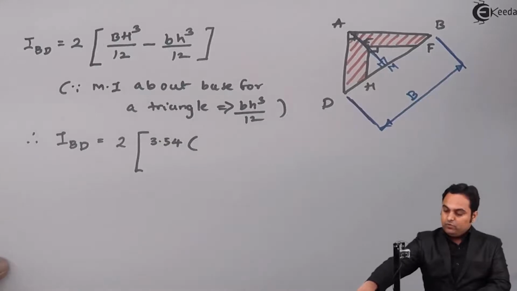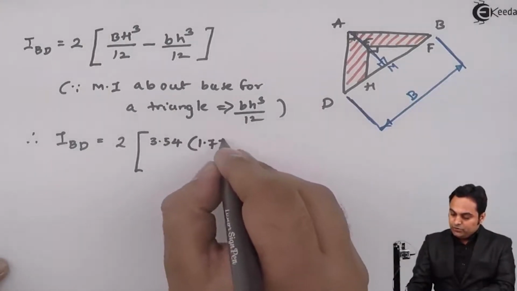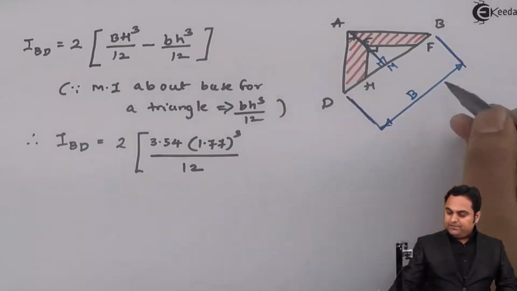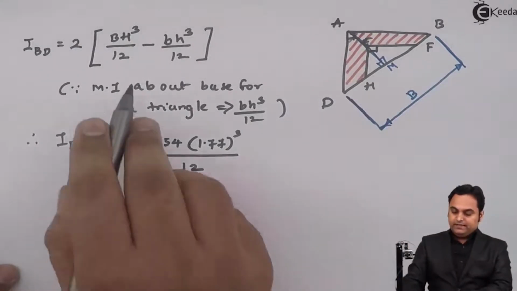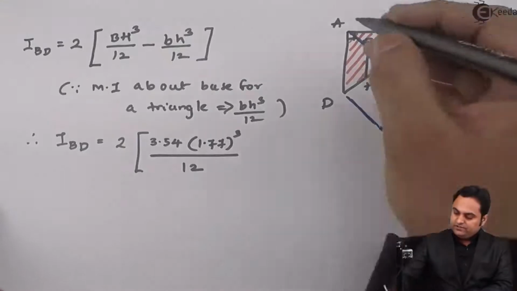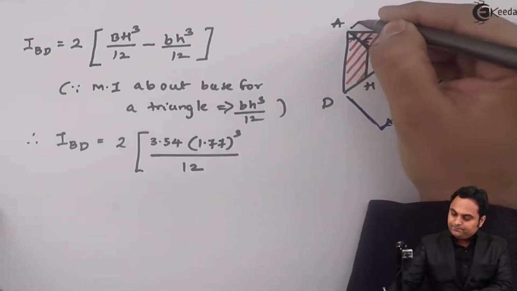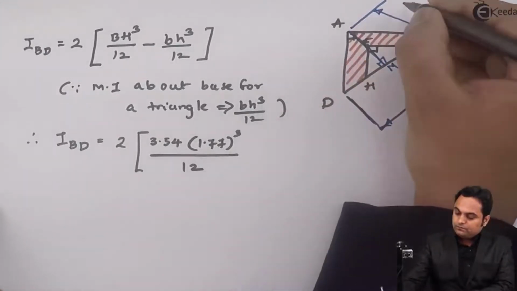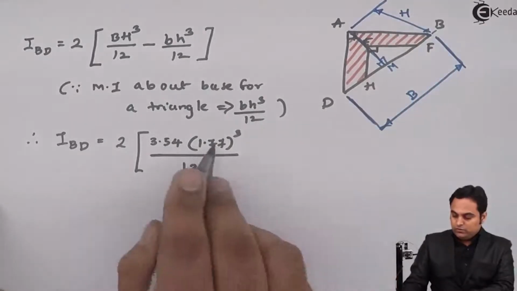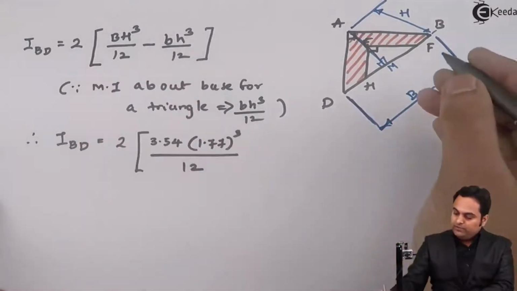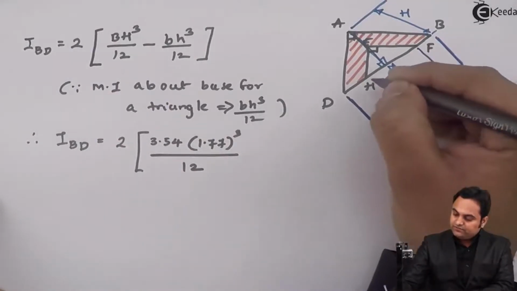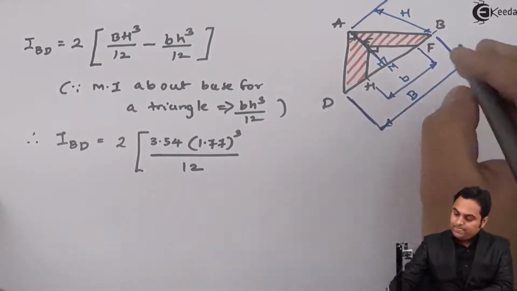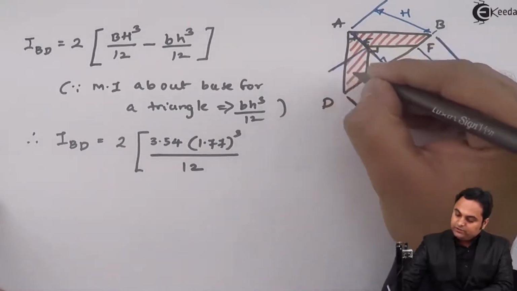So here I have 1.77 cube divided by 12. So now capital B was 3.54, and capital H is 1.77, that is nothing but AM. This was capital H. Now we have small b and small h. Small b is this base, which is HF. This is small b, and small h is the height of this inner triangle.